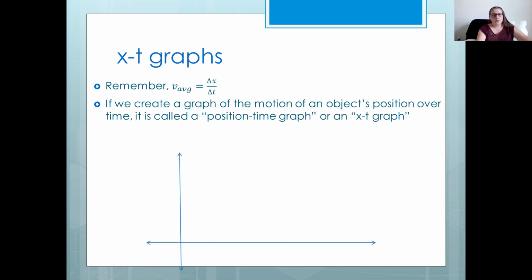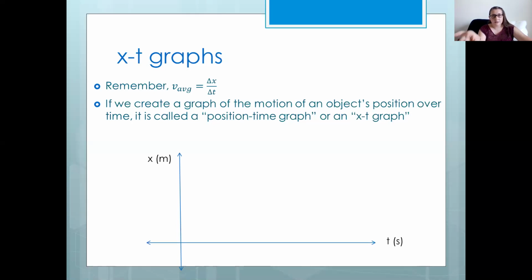Okay, so here are axes that we would use for creating a graph. And in this case, it's a little bit strange to look at because x is not the horizontal axis. Because x does not stand for x direction, x stands for position.